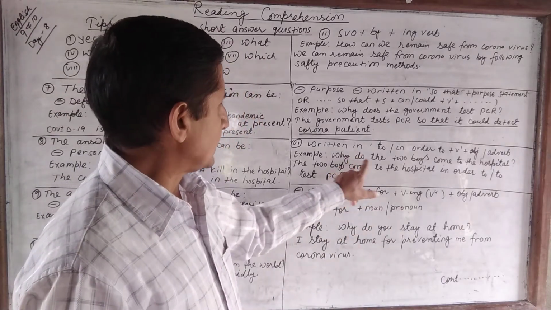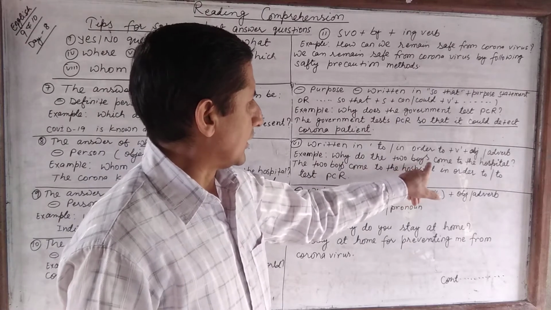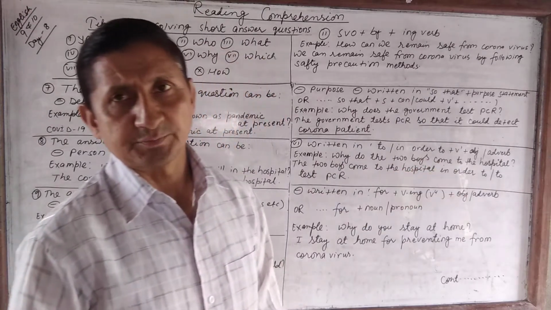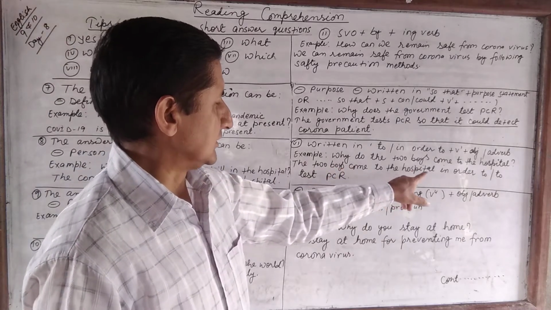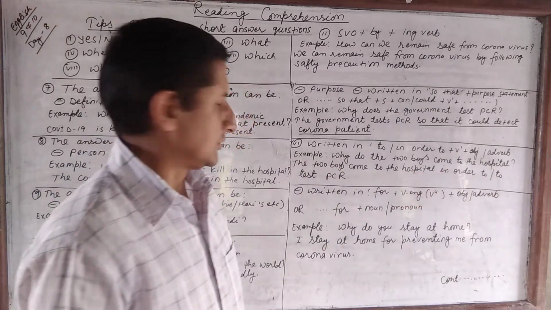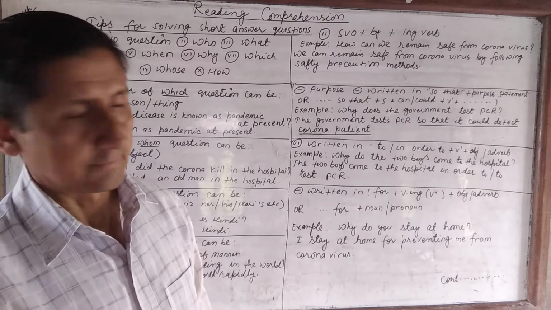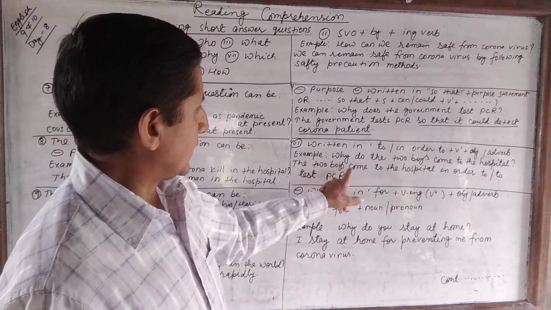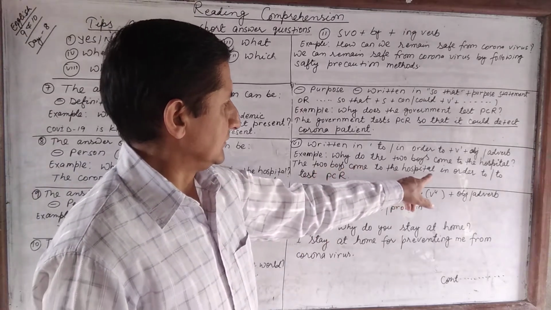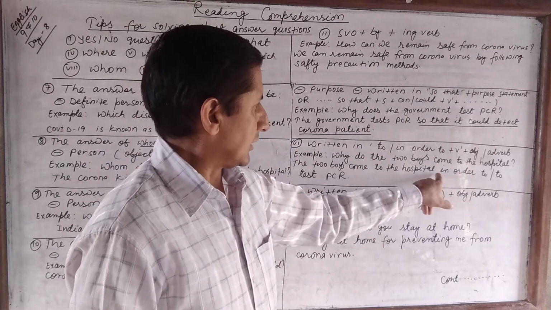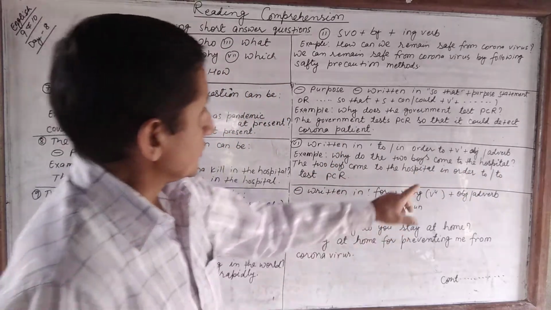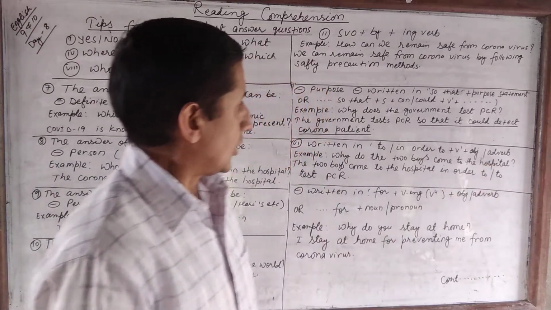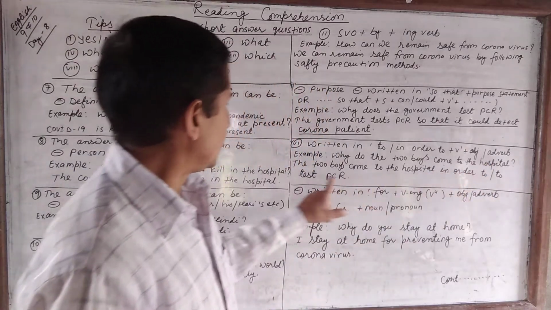Example: why do the two boys come to the hospital? The two boys come to the hospital in order to test PCR, or the two boys come to the hospital to test PCR.